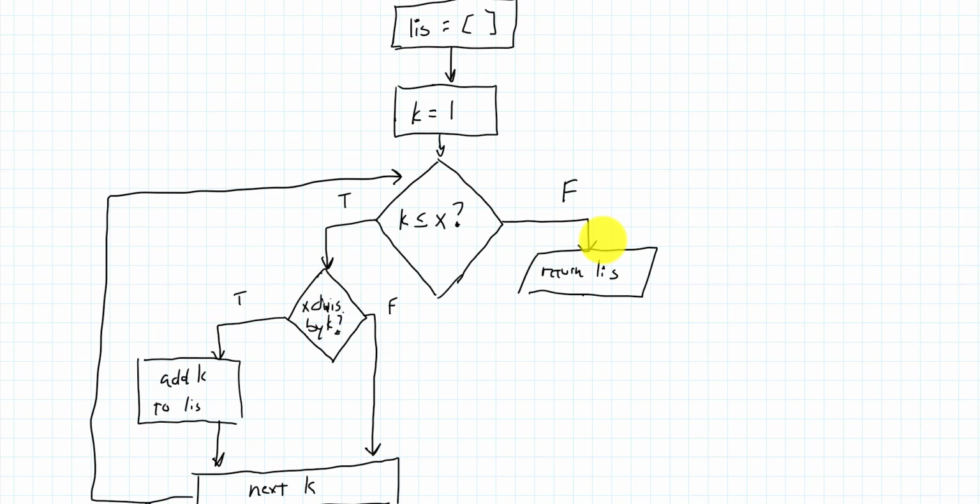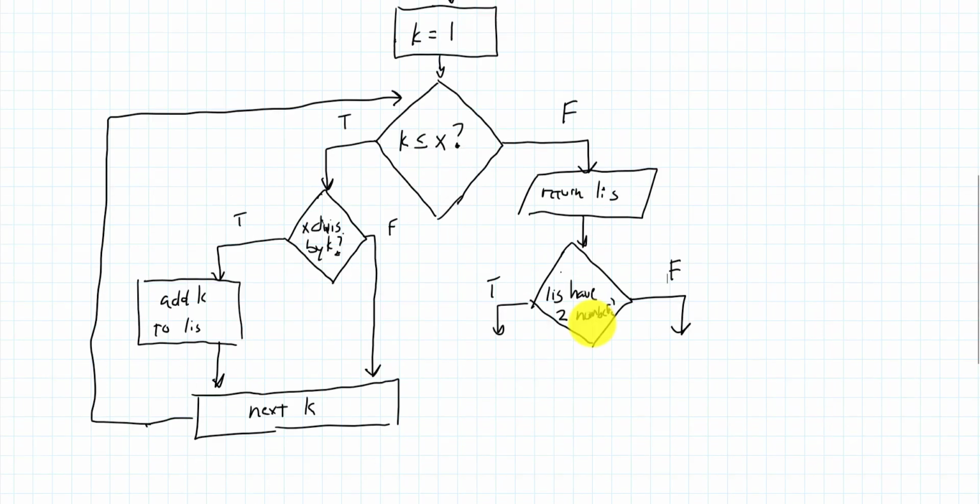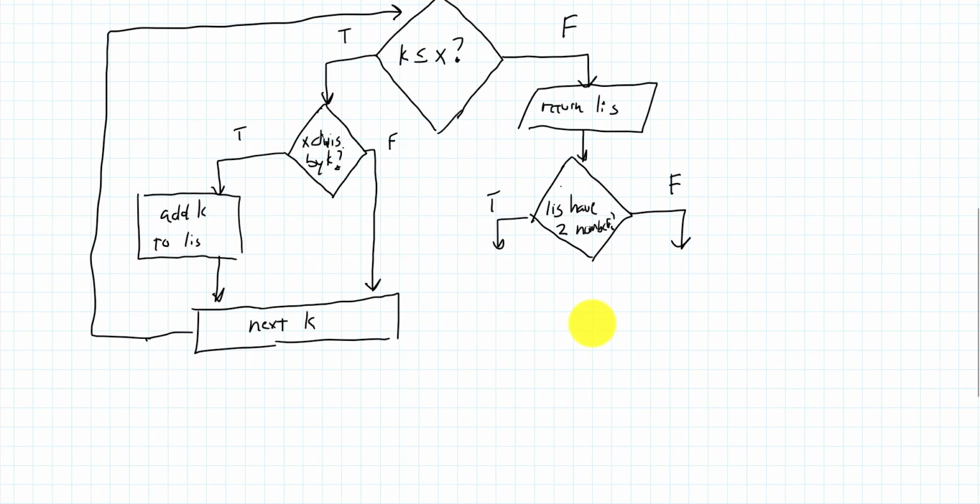So we can look at a test here, and we can look at the value inside of lists. So we can say, does lists have 2 numbers? If that's true or false. So if it has 2 numbers, it appears as though it's prime.